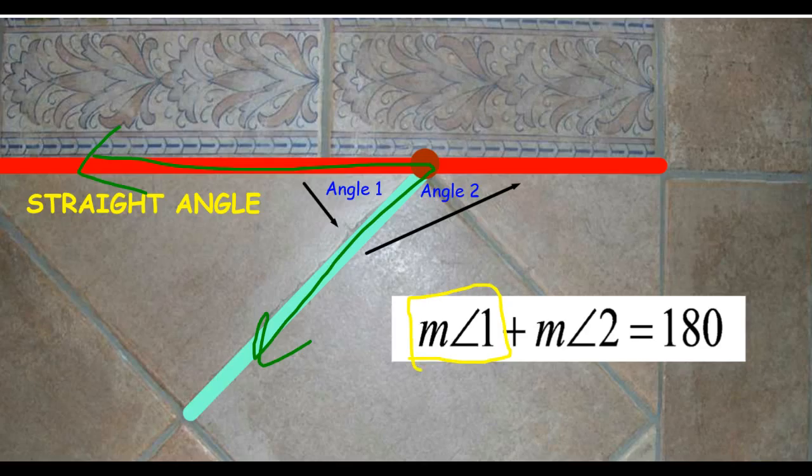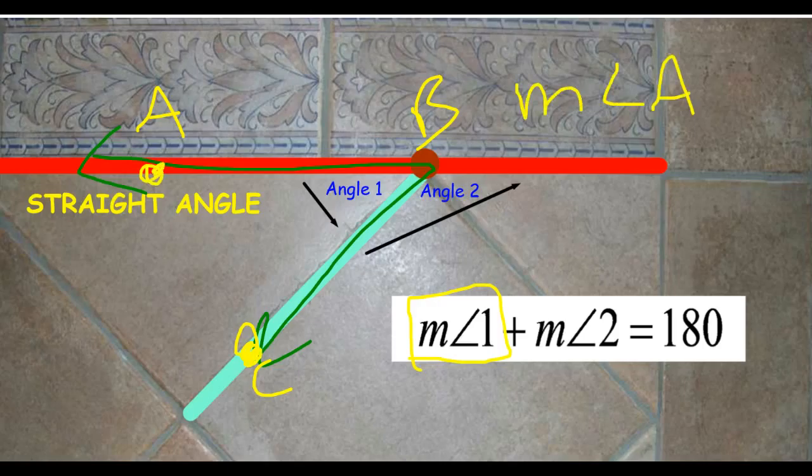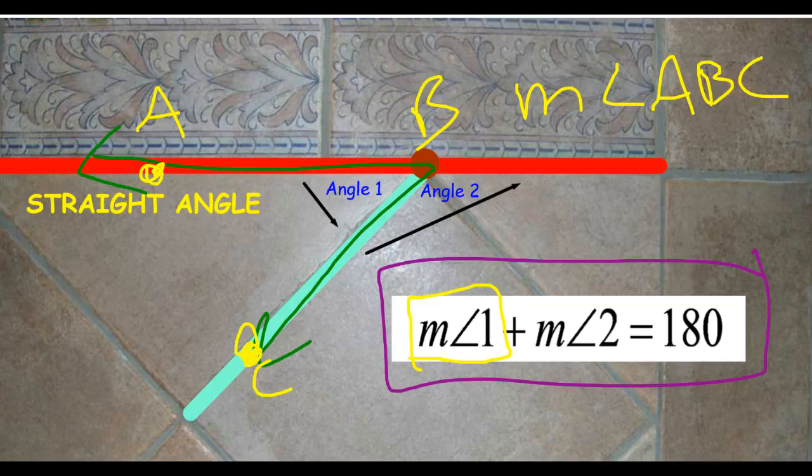And that can be true if we decided to name this angle A, B, C. We would call it the measure of angle ABC. Whereas angle ABC is the angle itself, the measure is its measure in degrees. So we can say that the sum of the measures of those two angles gives us 180 degrees.